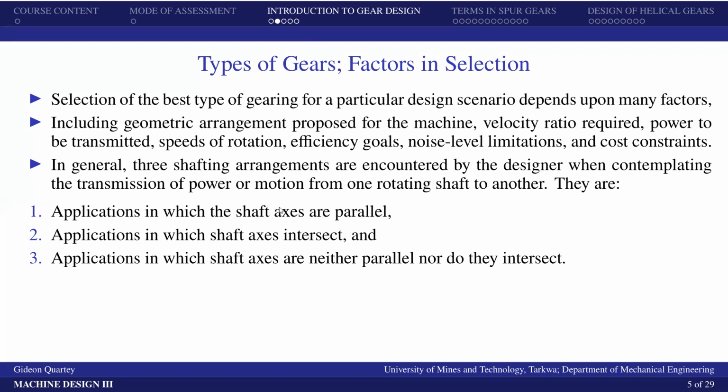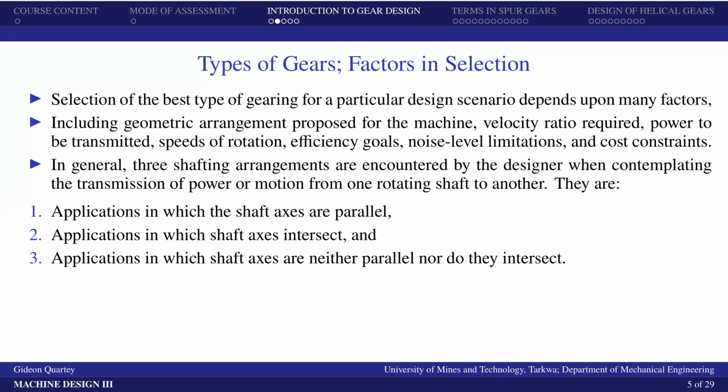If they are parallel, there are types of gears that could be used. Then we have the application in which shaft axes intersect. In this case, the axes of the shafts intersect at a certain angle, which could vary depending on the application. In such cases where the axes are intersecting, we have different gear types and configurations that could be used.